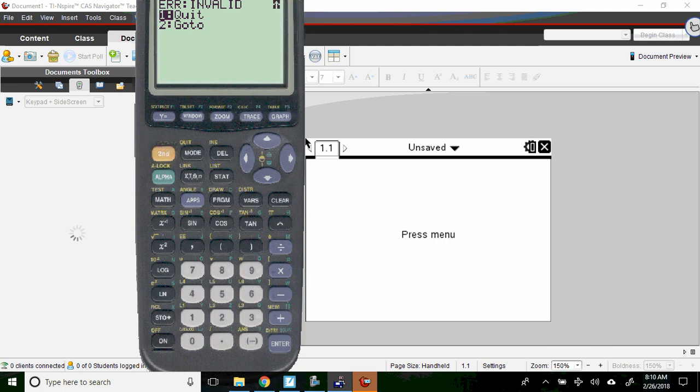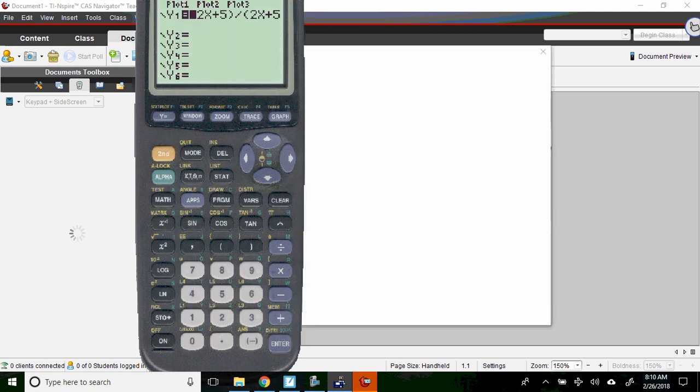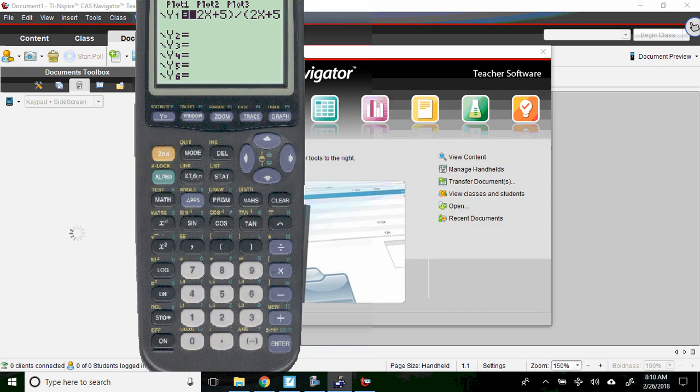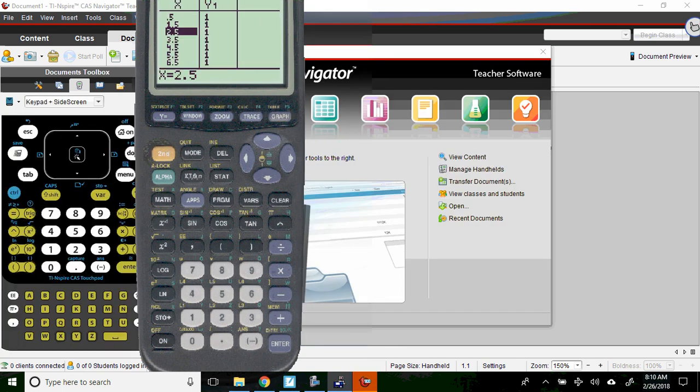If I go to the table, and set my table up so I could start at 1 and go by halves, and I look at what happens when x is -2.5, do you see how there's an error? You see that? Okay. Cool.